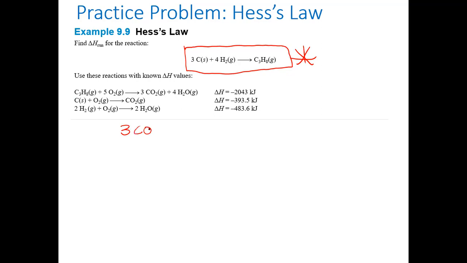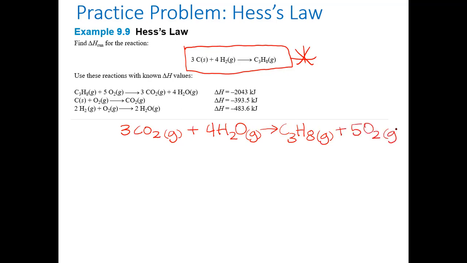So it becomes 3CO2 plus 4H2O yields C3H8 plus 5O2. Since I reversed it, I have to change the sign on my delta H. I'm going to write it right here. So it becomes positive 2,043 kilojoules.